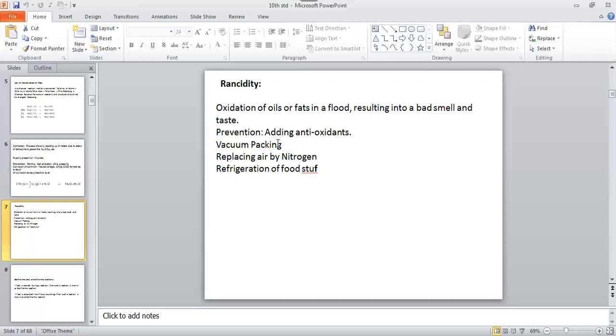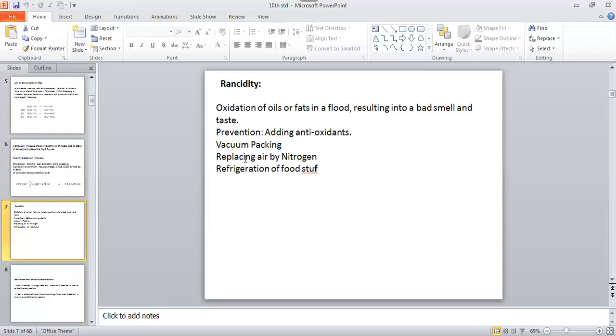We know packets of kurkure and other snacks can be packed in vacuum so that contact with air and moisture is avoided, and that avoids rancidity.